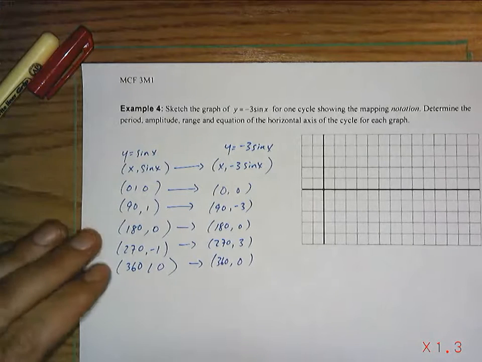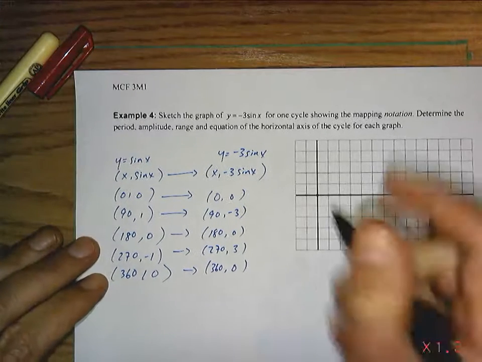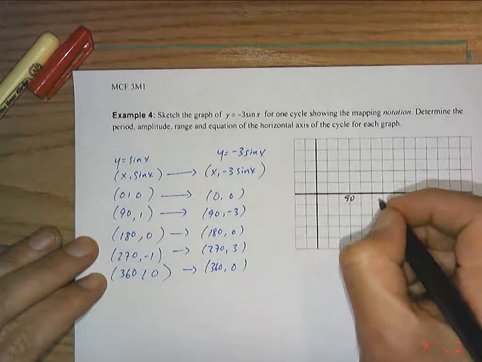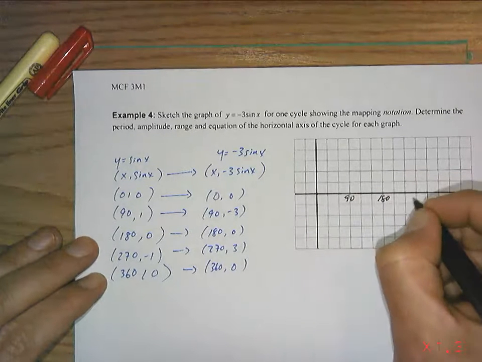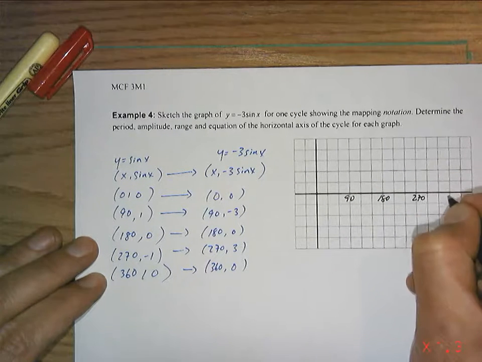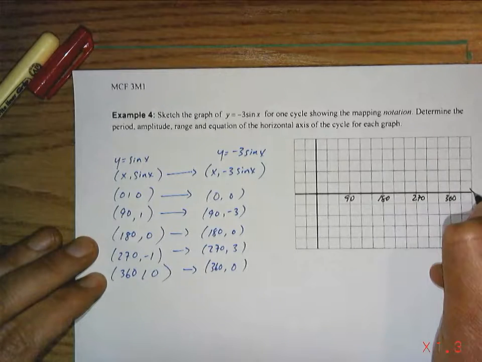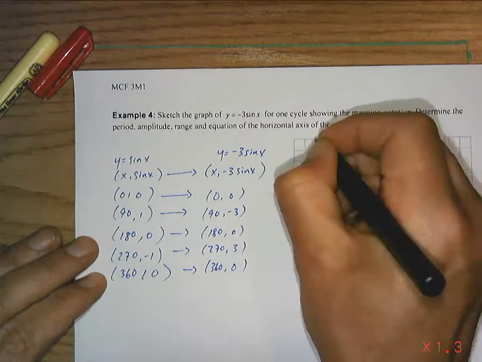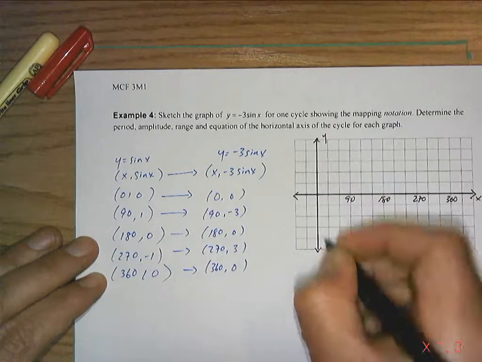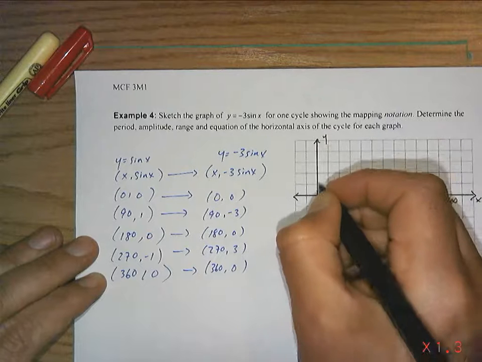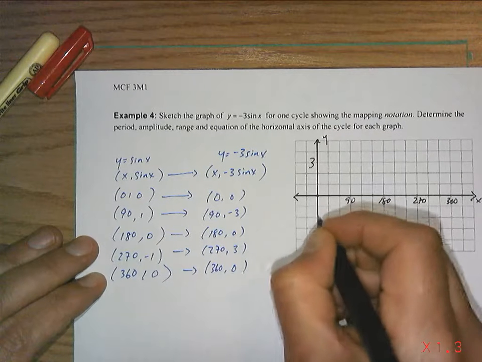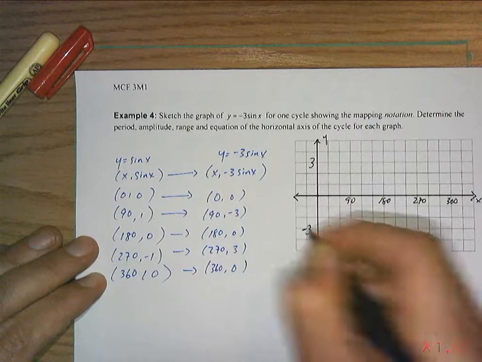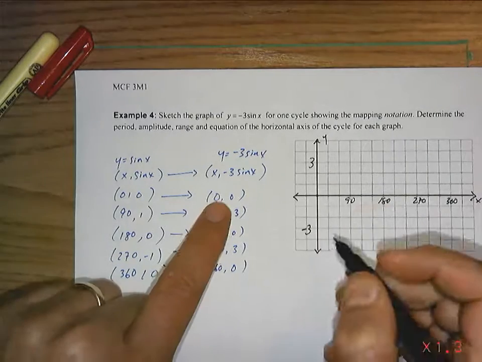So, when I go to sketch this, I'm going to have 90, 180, 270, 360, x, y, negative or positive 1, 2, 3, 1, 2, 3, 0, comma 0.